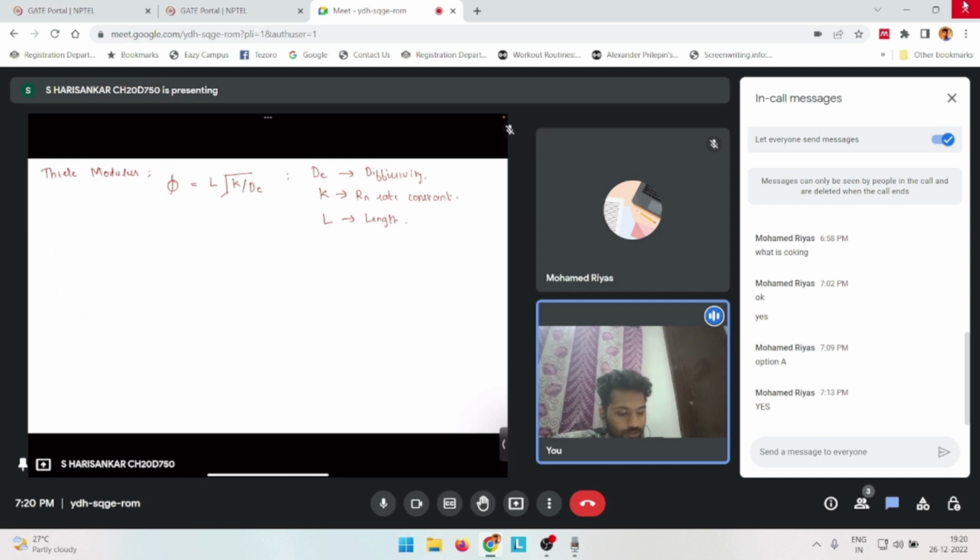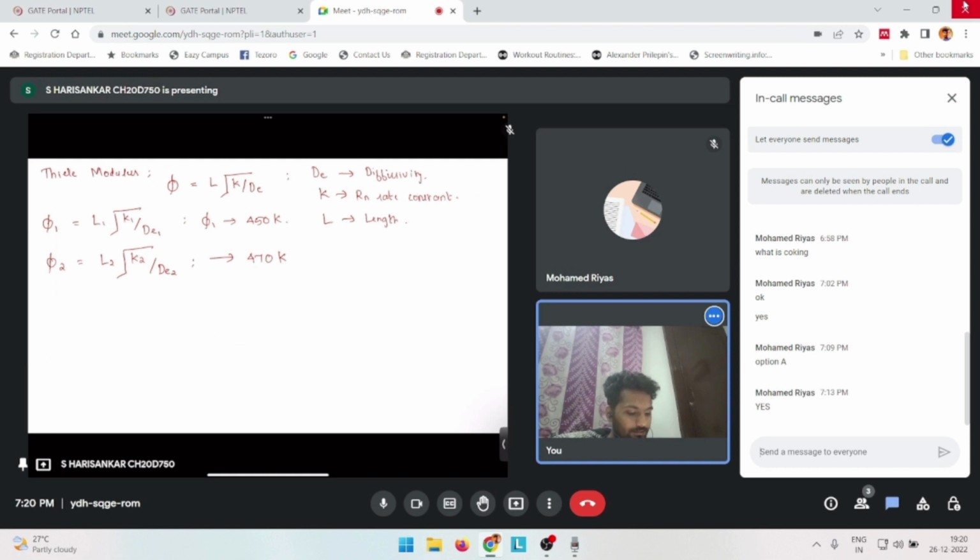So phi 1 will be L1 root of k1 by De1, and this phi 1 is the case 1 at 450 Kelvin, and phi 2 will be L2 root of k2 by De2, and this will be for 470 Kelvin.